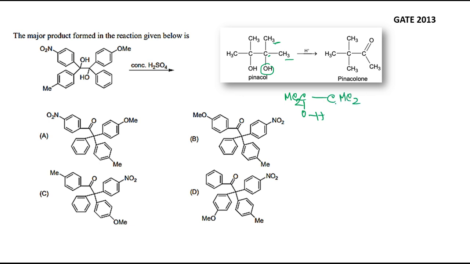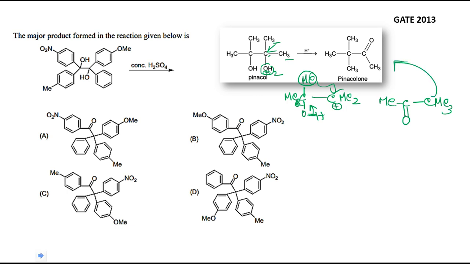There is a positive charge at this position because after protonation H2O is removed. So the carbocation will be generated at this position, though all the groups are the same. So when this OH bond is broken, one of these methyl groups will be migrating. So finally you are getting methyl C double bond O and CMe3, which is this structure, pinacolone.